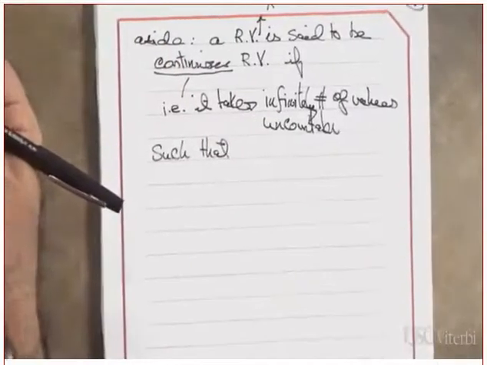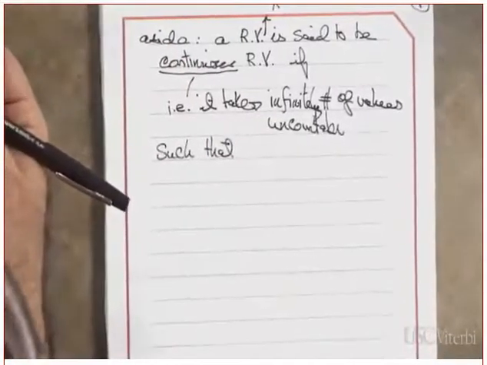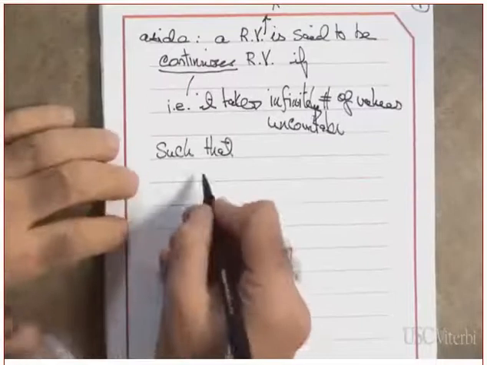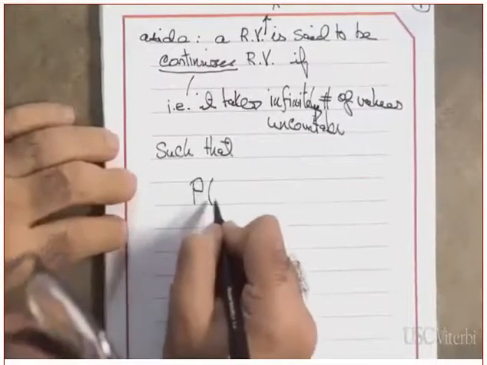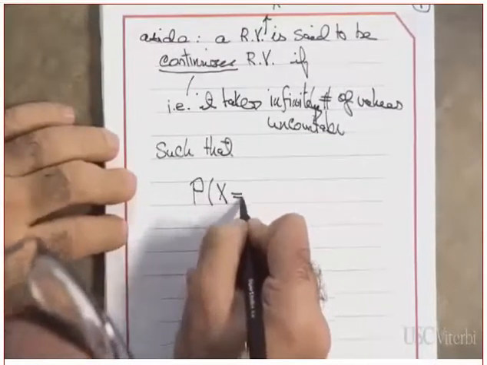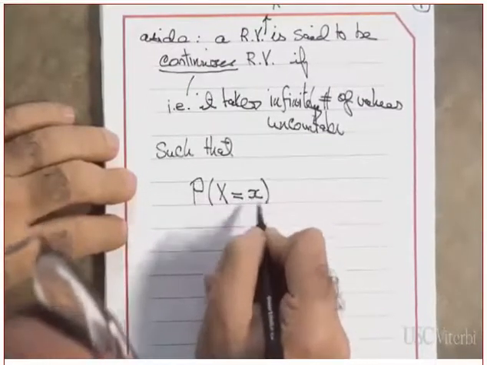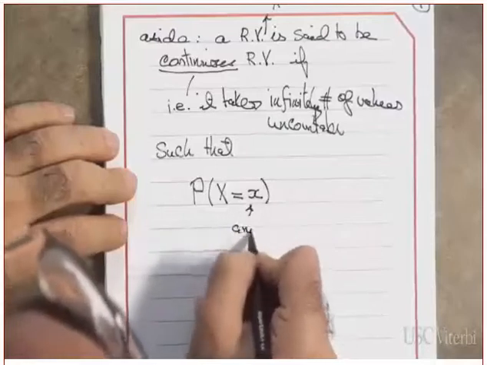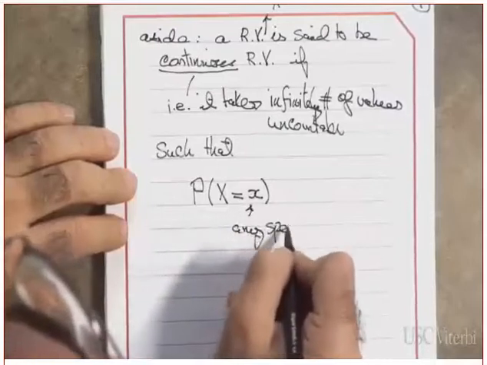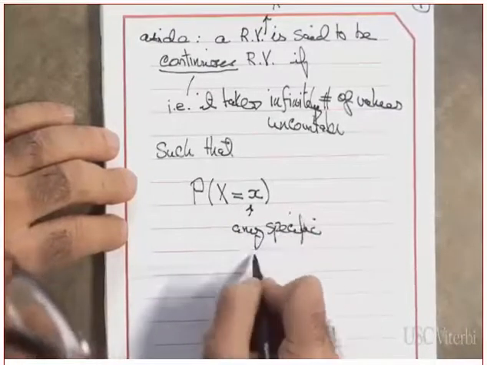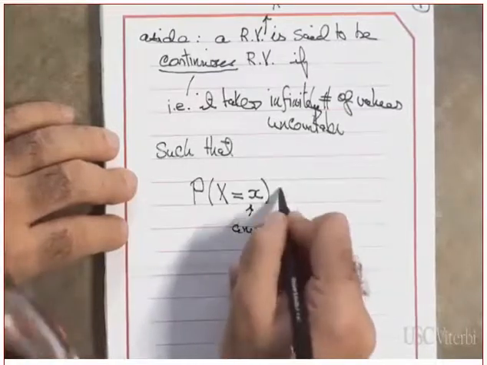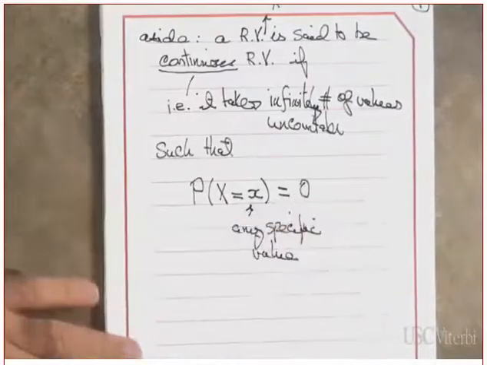How about Gaussian? How about uniform? All of these are continuous, such that the probability that X takes on any specific value is equal to 0.